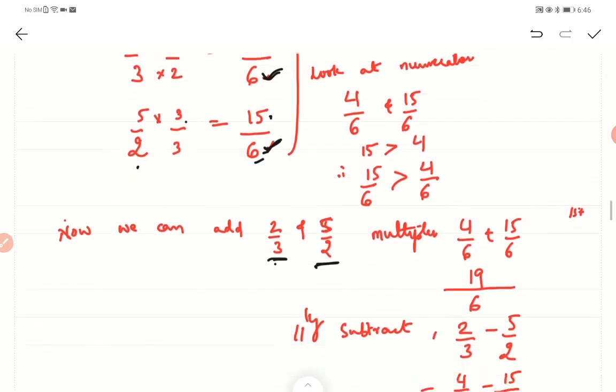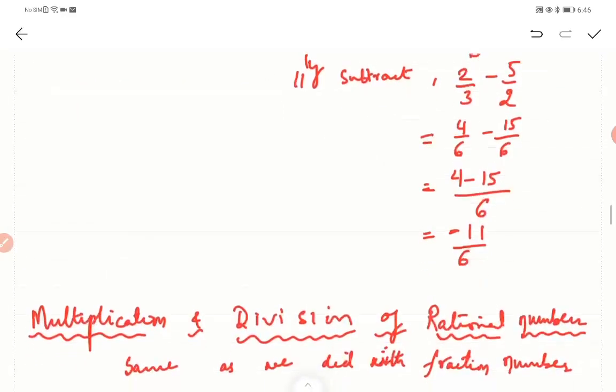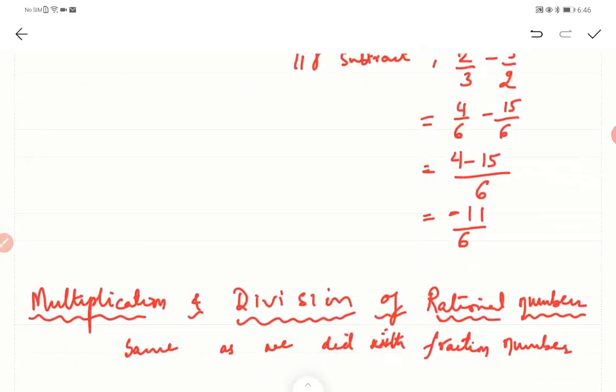It's very simple. Okay, multiplication and division of rational numbers, again it is the same as your fractions. See, rational numbers are no different from your fraction numbers. The only difference is that in rational numbers you will have positive fractions and negative fractions also.